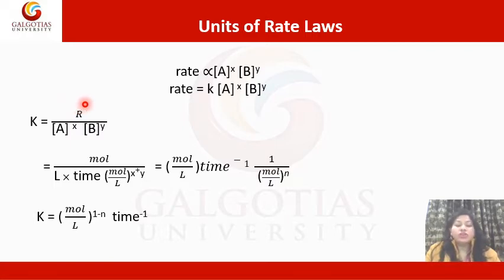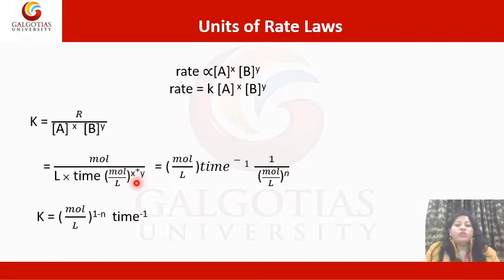Concentration can be expressed in terms of mole per liter and time is represented by time. For the concentration terms [A]^x and [B]^y, which can be expressed by mole per liter, the powers should be added.